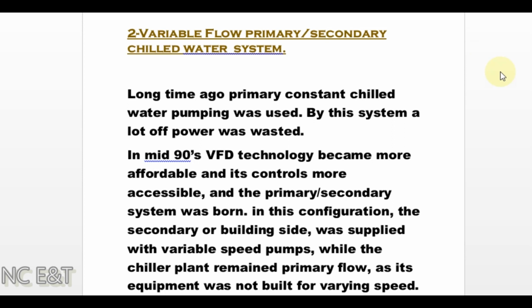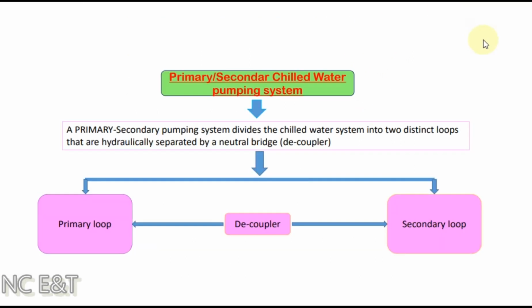In this system, we split the whole system into two parts. A primary secondary pumping system divides the total chillwater network into two distinct loops that are hydraulically separated by a neutral bridge called a decoupler. Or in simple words, in a primary secondary chillwater piping system, the total chillwater piping network is divided into two parts.